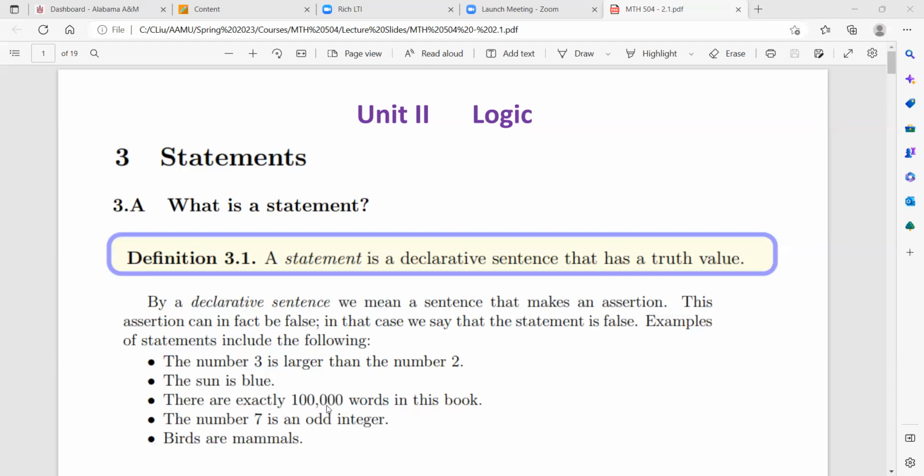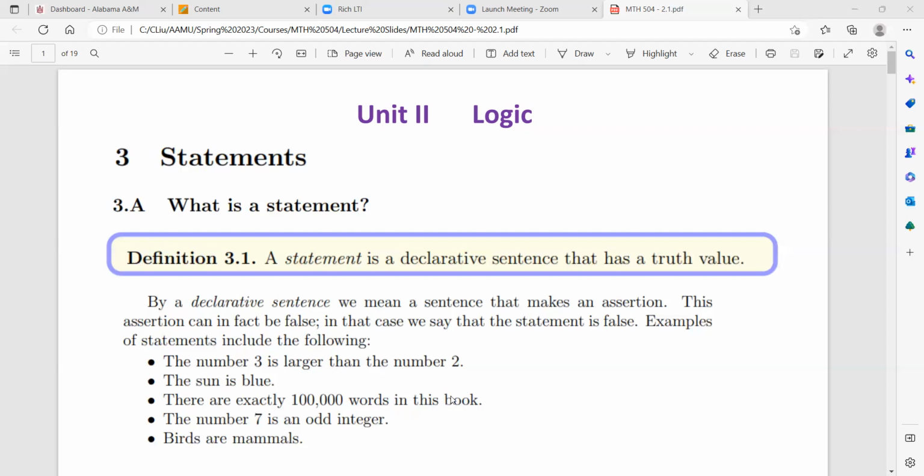Well, we really don't know how many words are in any particular book, but once you specify a book, then this statement is either true or false. It can have exactly 100,000 words or not. So it has a truth value. It's either true or false.